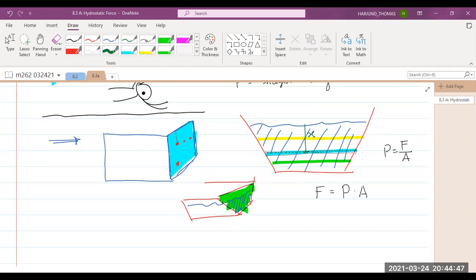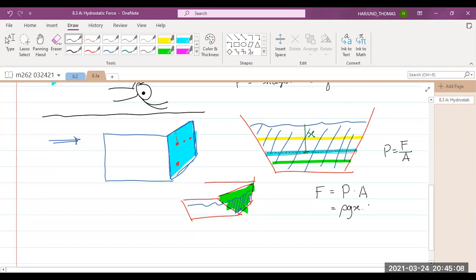Okay, so looking back, the force will be equal to the pressure. What is the pressure again? That's rho g times height, the density times gravity times height. In this case, the height is x. Times the area. What area there?